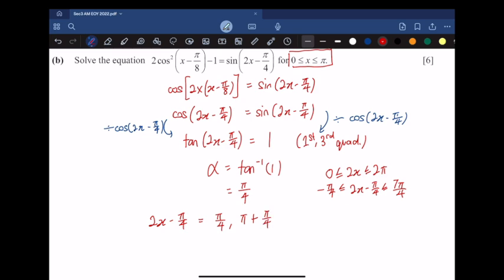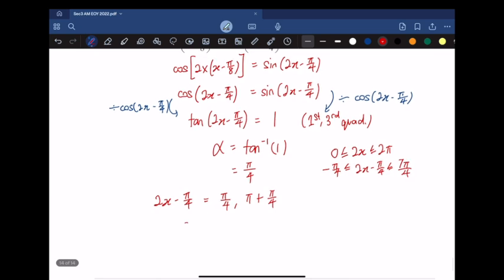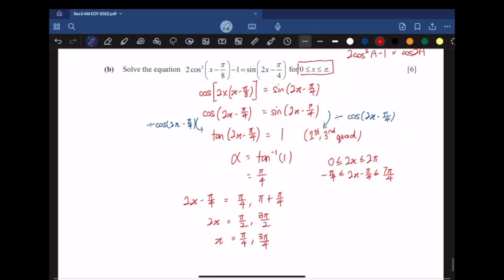So over here, 2x is simply equal to 0, comma, and simplified it will be 3 pi over 2. Therefore, x will be simply, it's not 0, pi over 2. If I simplify further, x will be equal to pi over 4, comma, 3 pi over 4. And that is the solution to question 16 part B.